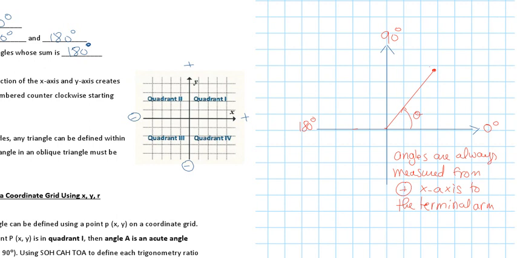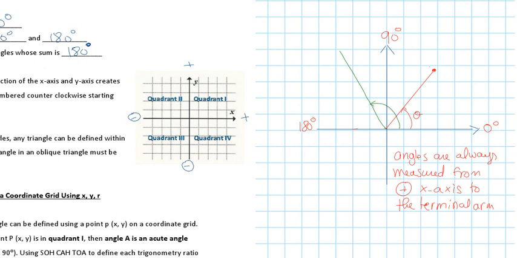If I have an angle of, let's say, 120, it's going to be in the second quadrant, and I'm going to always measure it from the positive x-axis to that terminal arm. Okay? So you see the difference between acute and obtuse angles? The acute angles are going to fall in the first quadrant. The obtuse angles are going to fall in the second quadrant.